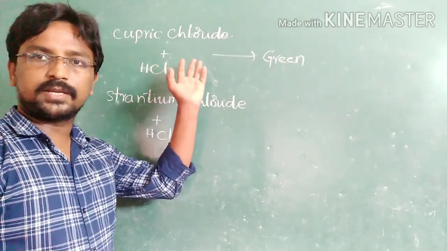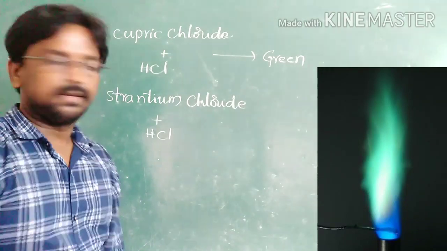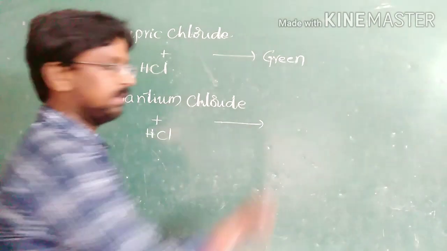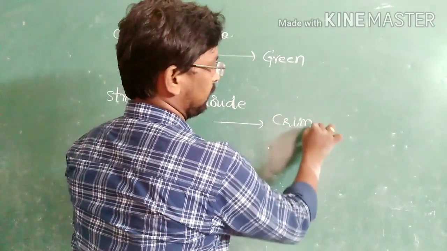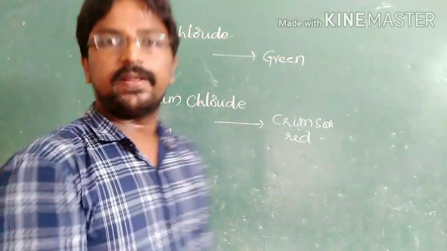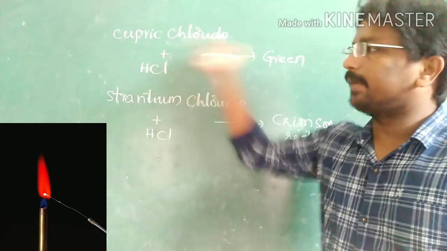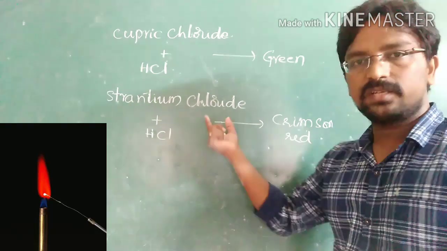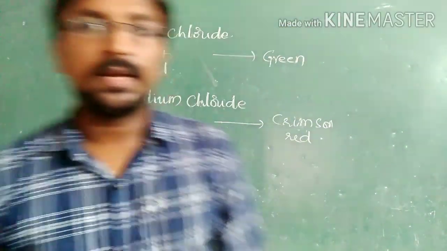When you use strontium chloride, a crimson red color flame will be emitted. So when cupric chloride is used, green color is produced, and when strontium chloride is used, crimson red color is produced.